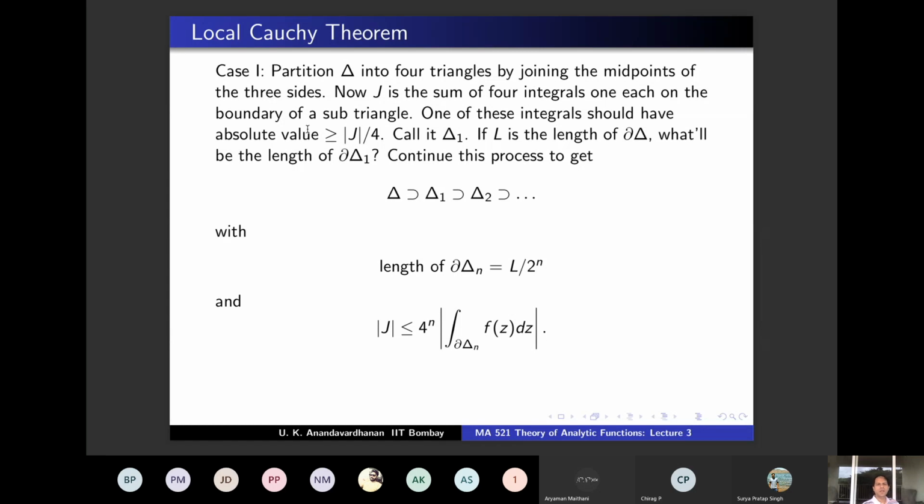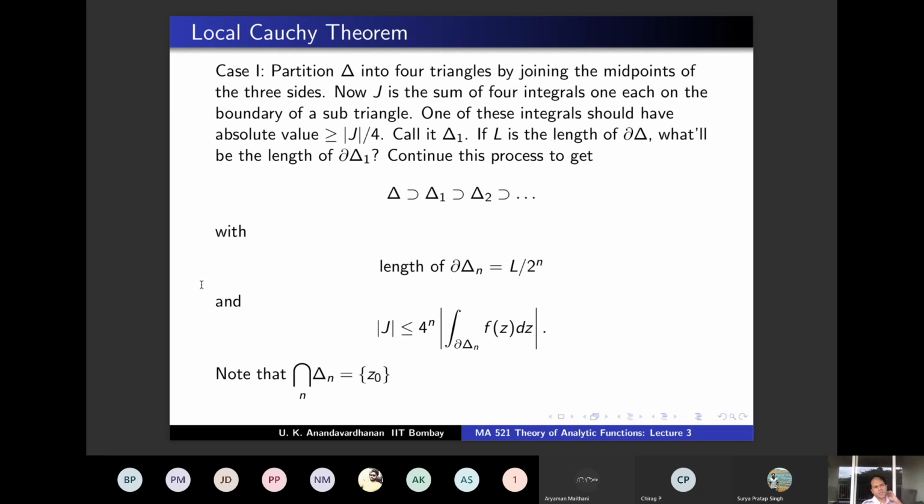Right? Each process you will get mod J by 4, mod J by 16, etc. This integral will be bigger than or equal to mod J by 4 power n. Okay, this you will get. Now observe that the intersection of all these nested triangles together will be a singleton.